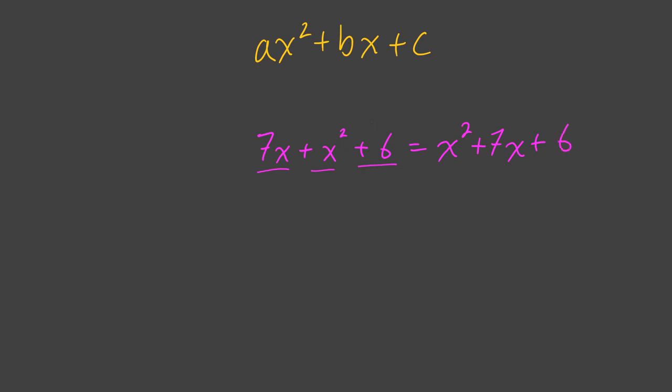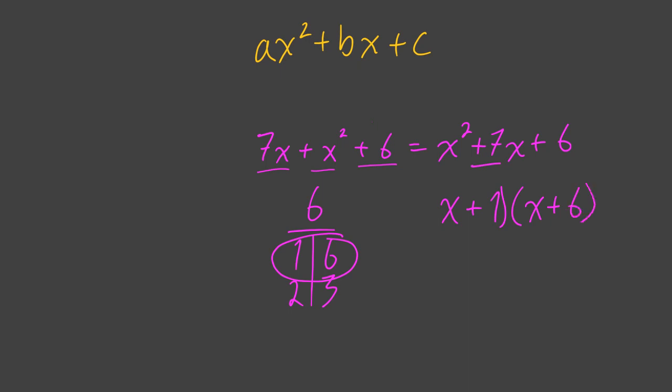Okay, so now we're looking for factors of 6, 1 and 6, 2 and 3 that add up to positive 7. Well, looks like 1 and 6 will fit the bill. So x plus 1, x plus 6 would be our factored expression.